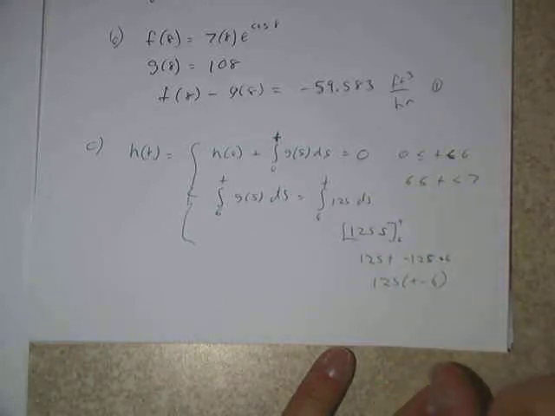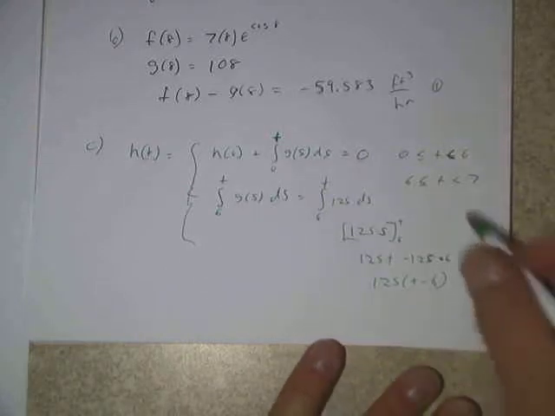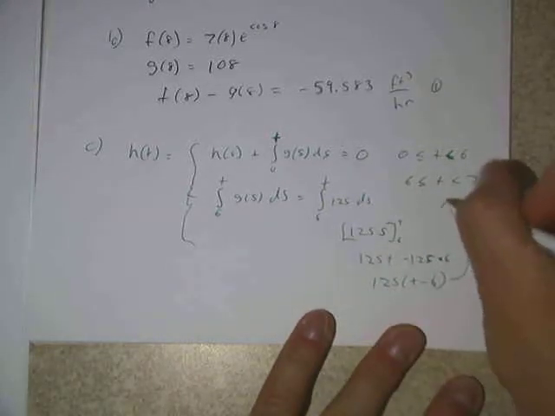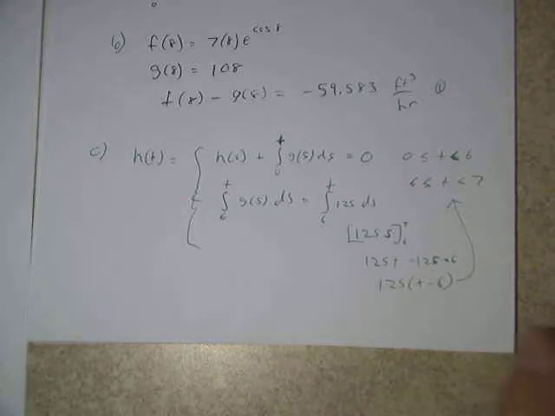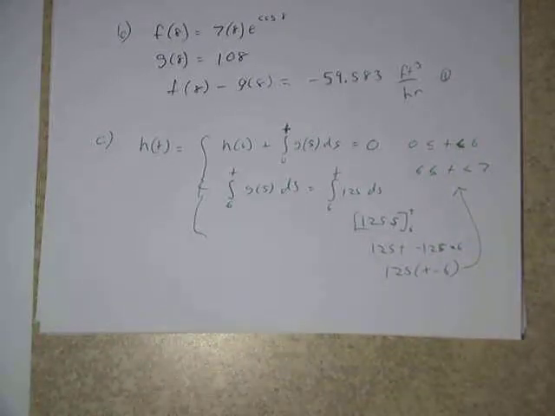But she's not taking any snow out for those first 6 hours, is she? So if I put a 6.5 in here, that would just give me a half. So it'd be a half hour at a 125 rate, and that would make sense in our context, wouldn't it? So you can do it with the integral, or you can think of it that way also, but ultimately this equation is going to go with our times 6 to 7.